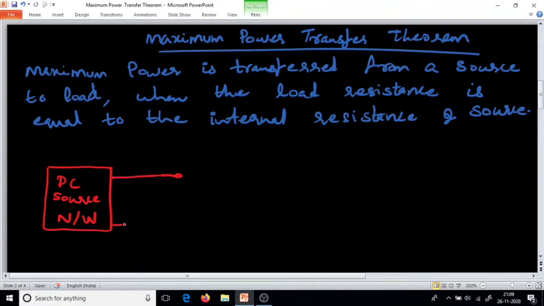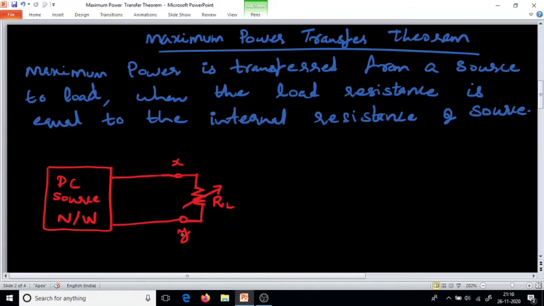These are our source output terminals. Here we are connecting the load. This is RL. We can take these two output terminals of the source as X and Y.